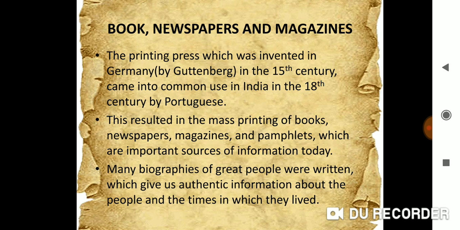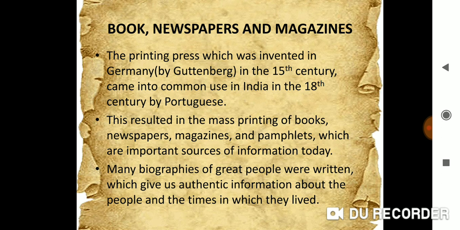So through the press, what happened? Printing of books, printing of newspapers, printing of magazines, printing of pamphlets. Without the printing press, that was not possible. So the printing press had a very vital impact on our society.